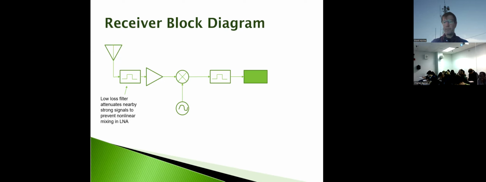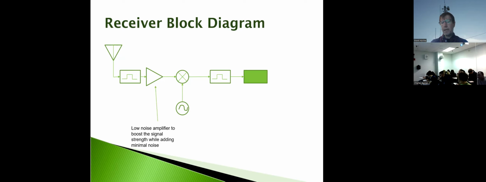And that's to prevent some nonlinearities that might occur in the low noise amplifier. That's this next block here. This is designed to be a very linear amplifier, but we can only ever be so good at that, right? There's a lot of trade-offs involved.